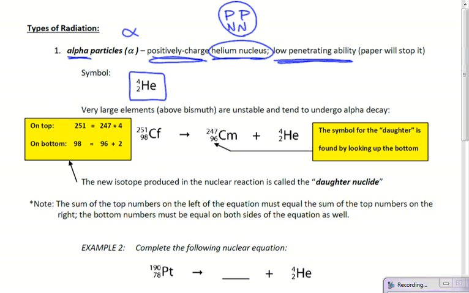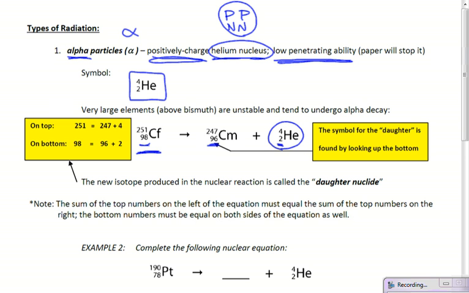So an example we have here is starting with an isotope of californium. And if this is going to go through alpha decay, or alpha radiation, then we know we're going to be removing this particle. And this is just like in algebra, whatever's on one side has to add up to equal what you have on the other side of our arrow here. So since our bottom number right here is a 98, then the 2 bottom numbers on the right-hand side of our arrow also have to be 98. So if we're removing 2 protons from 98, we're going to be left with 96.